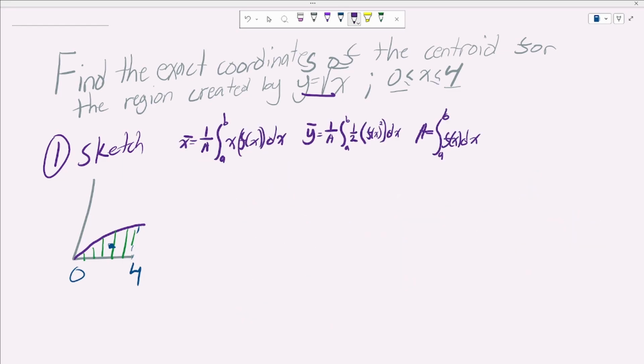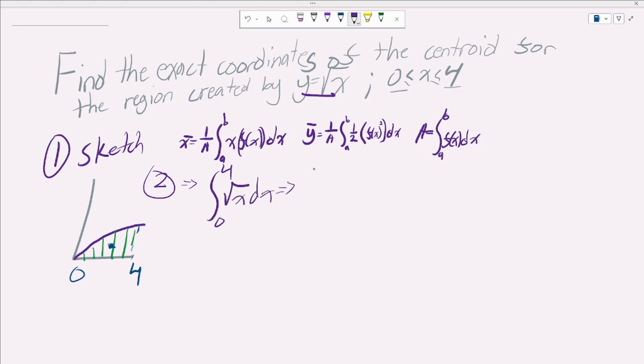All right, so now that we know what we're looking for, we can just plug and play. Now we can start looking for the area. That's always going to be helpful since we need it to solve for our x bar and our y bar. So we'll have our integral going from 0 to 4 of square root x dx.